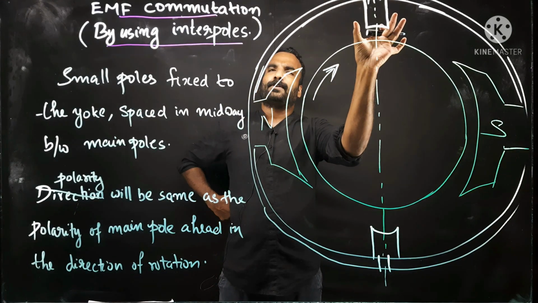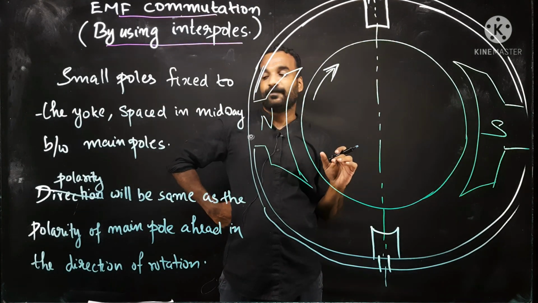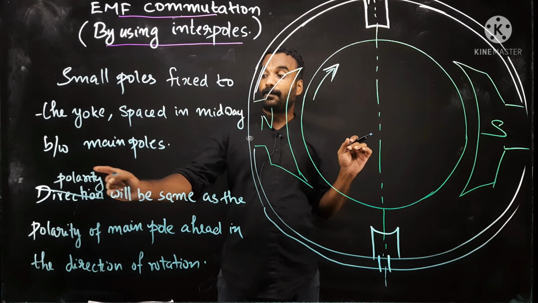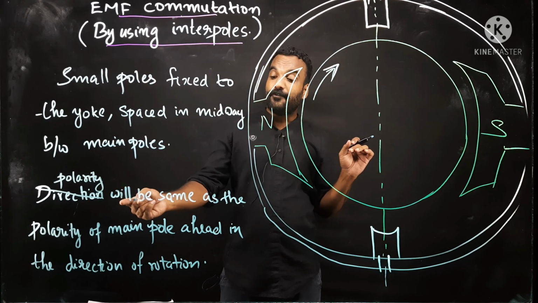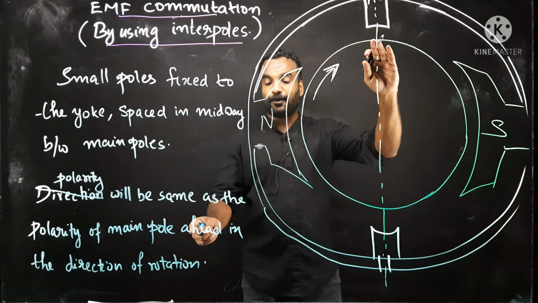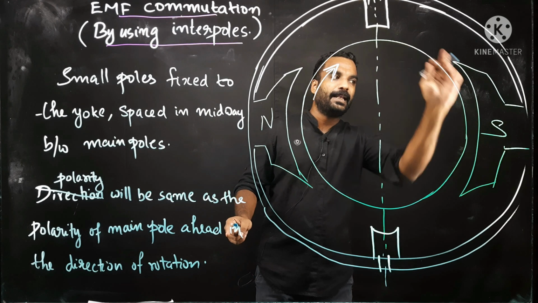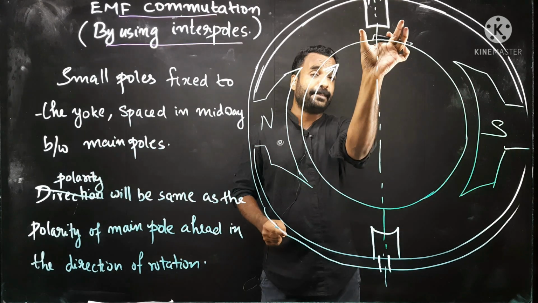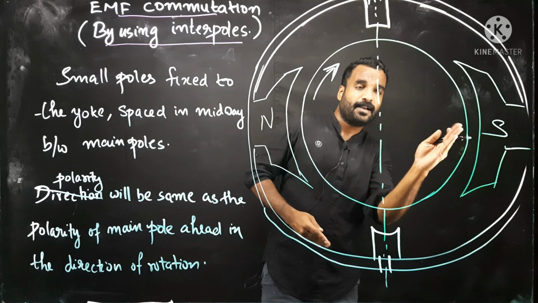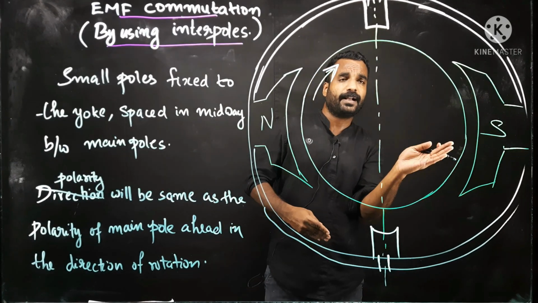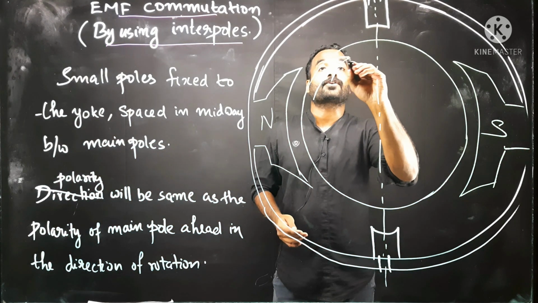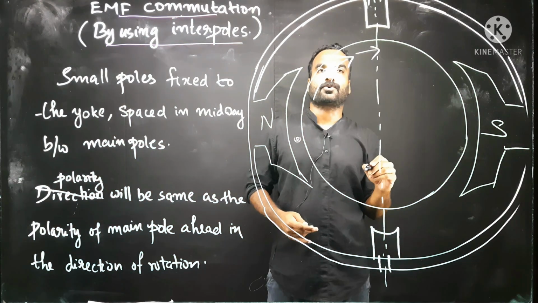So what will be the polarity of this interpole? You have to write that polarity of interpole will be same as that of the main pole ahead. This is the main pole ahead. If this is the interpole you are considering, this is the main pole ahead. How can you tell ahead or behind? You have to check the direction of rotation. This is the direction of rotation of rotor.